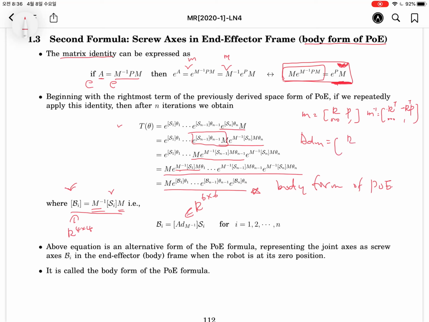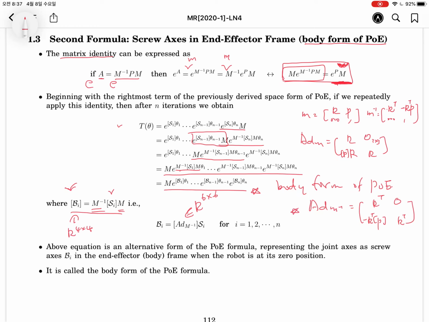The adjoint map of M will be R, 0 (3 by 3), skew-symmetric form of P times R, and R. Adjoint of M inverse will be R transpose, 0, the same 3 by 3 zeros appear here, minus R transpose times [P], and R transpose.